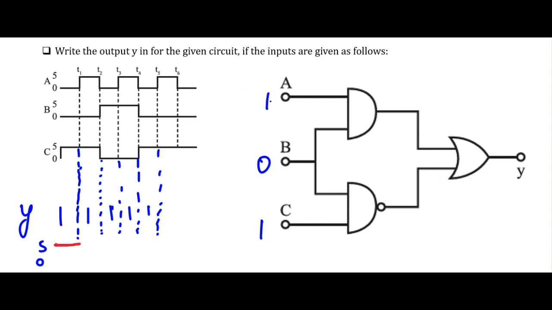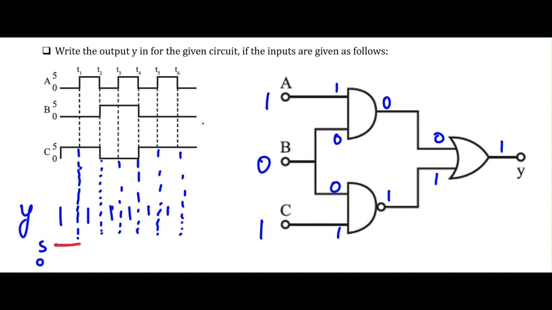We can write inputs as 1 at terminal A, 0 at terminal B, and 1 at terminal C. So here will be 1, 0, so here will be 0, 0, and then 0, 1. The final output will be 1 here, 1, and then we have 1 here. So again, in this interval, we are getting 1.